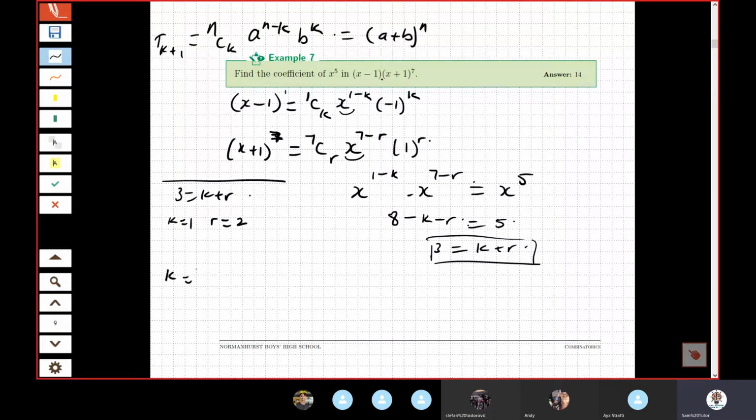And if k equals 0, r equals 3. You can't have any other terms. So if you're going to say, well, Sam, what about r equals 1? If r equals 1, therefore you're trying to say k equals 2, but k can never be 2, because you can't have 1 choose 2.